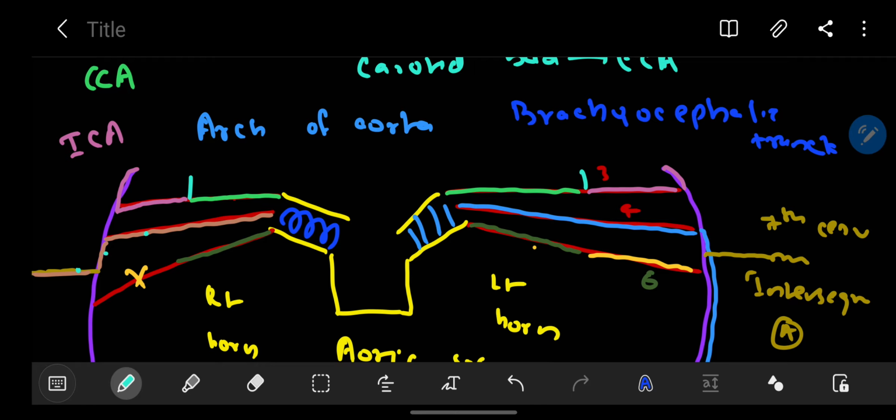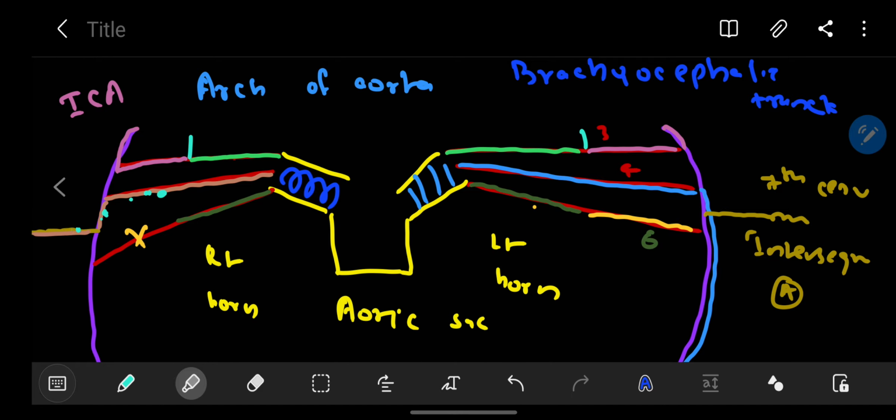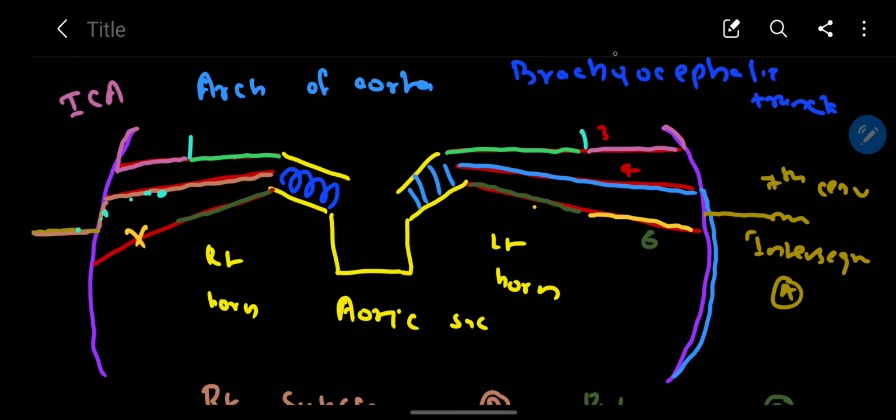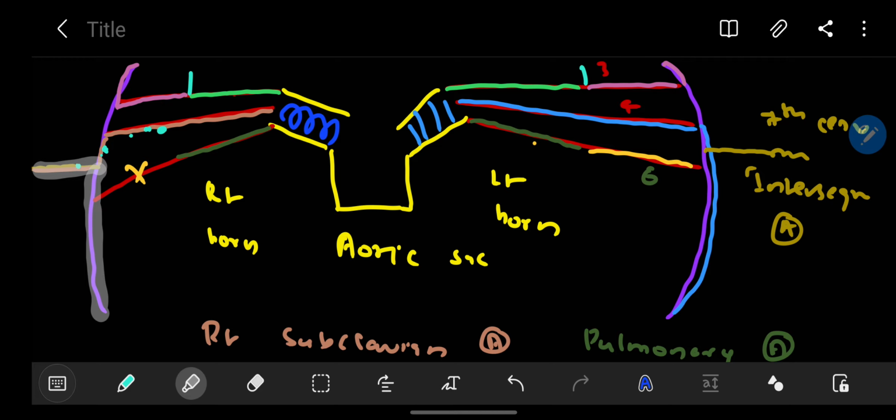In an abnormal right subclavian artery, the right fourth pharyngeal arch artery and the right dorsal aorta, cranial to the seventh cervical intersegmental artery, these two will disappear. Whereas these two structures will persist: the seventh cervical intersegmental artery and the right dorsal aorta, its caudal part.